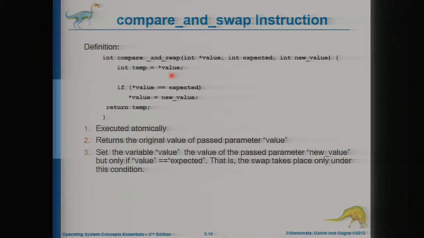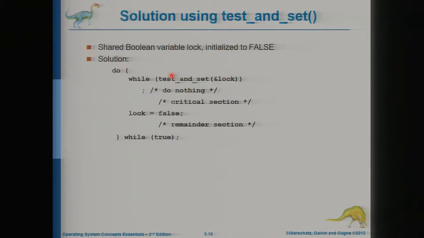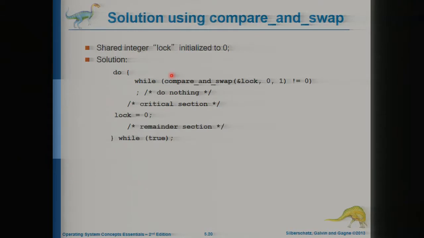So when we return 0, what happens to this method? Compare and swap is returning 0. 0 not equal to 0, the condition is false. So in this case, it will wait for the process in the critical section to finish its execution. When it finishes its execution, it will make the lock 0.